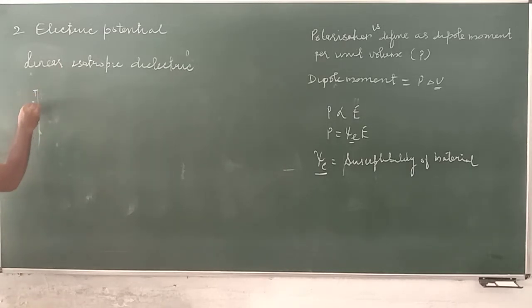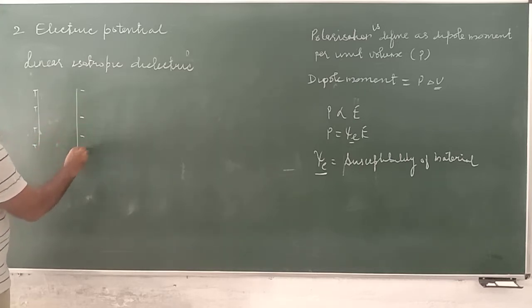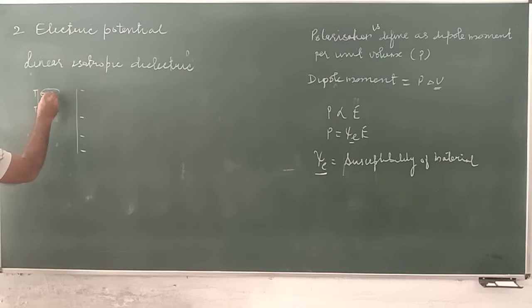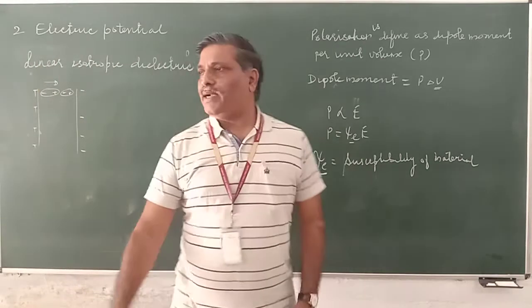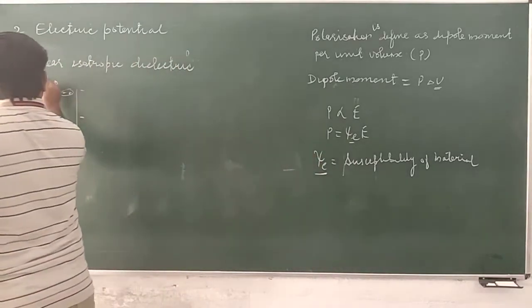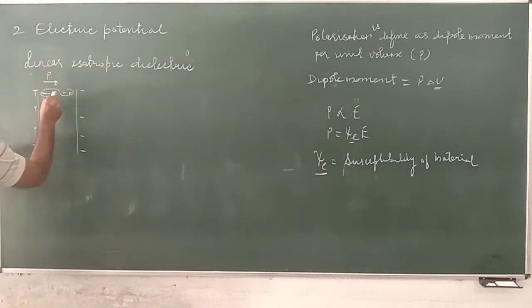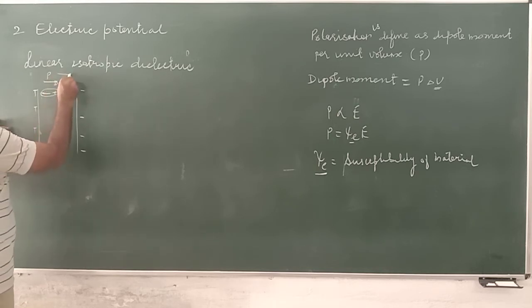Positive plate here, outside I am showing it. This is minus here. The dipole moment is always from negative charge to the positive charge. Whenever dipole moment is developed, the dipole moment is from here to here. Now the field is also from here to here.